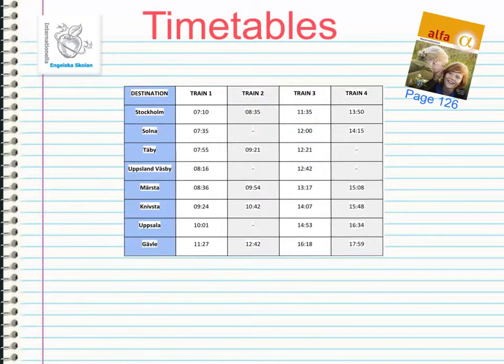There are some parts of this timetable which do not have a time on them. This will tell us that that particular train does not stop at that station. For example, train 2 does not stop at Solna, whereas train 4 does not stop at Täby.